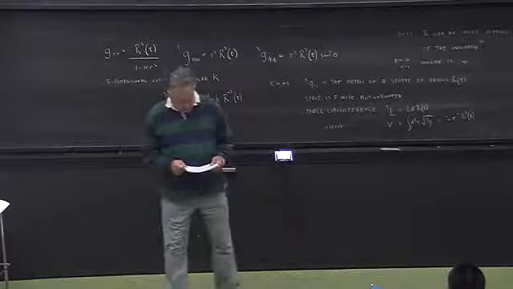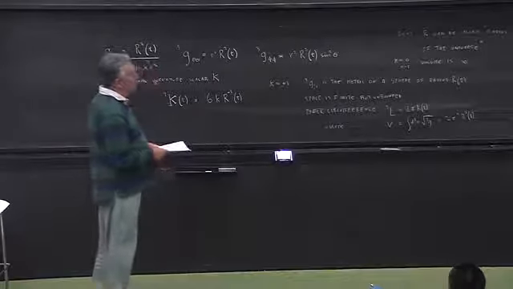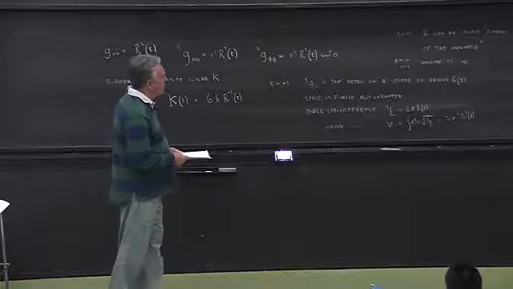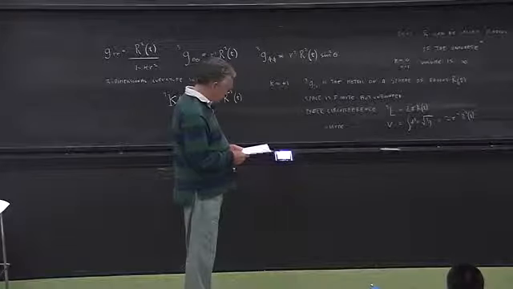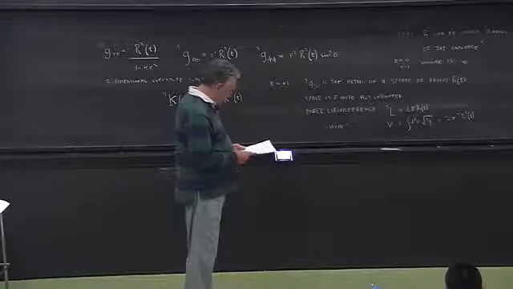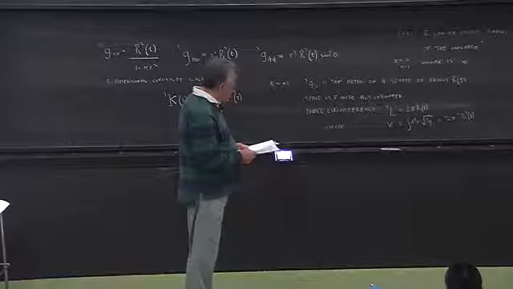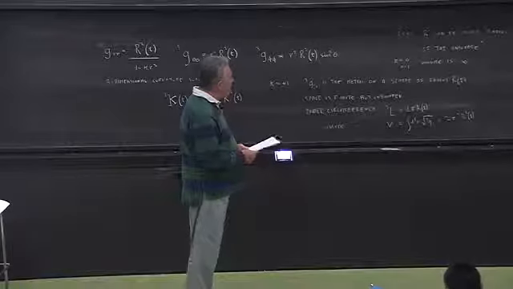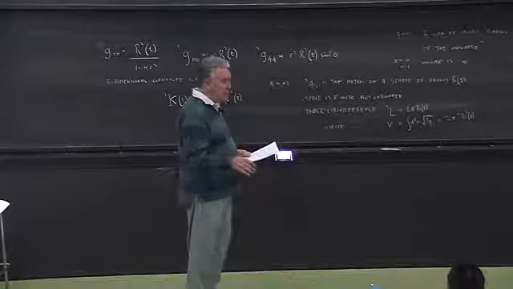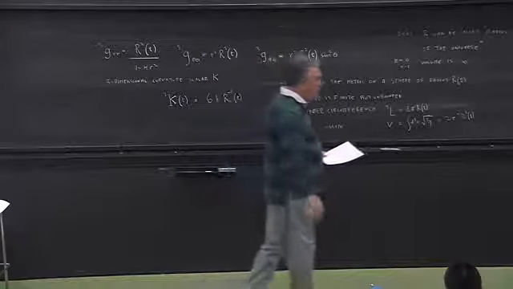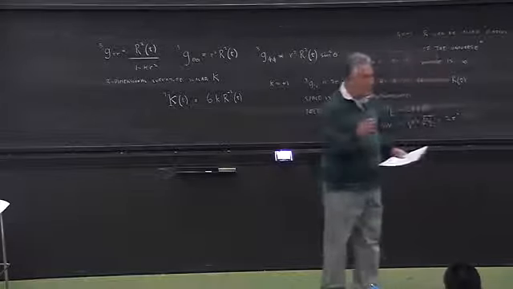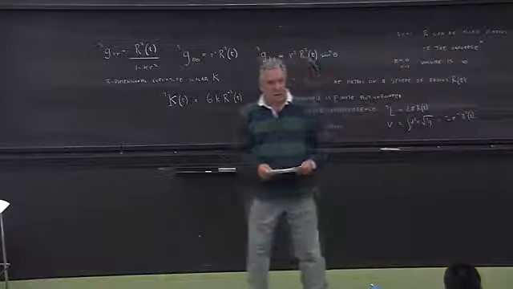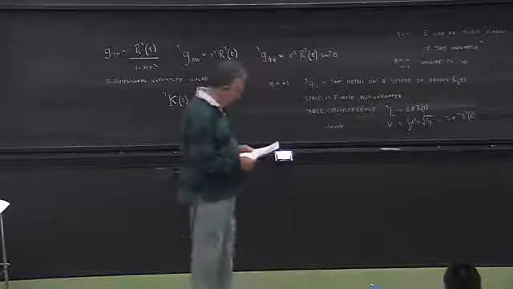So R is not the radius of the universe in the same sense as it is when k equals plus 1. So for k equals plus 1, it's a sphere. For k equals 0, it's a plane. And for k equals minus 1, it's a hyperbolic surface.